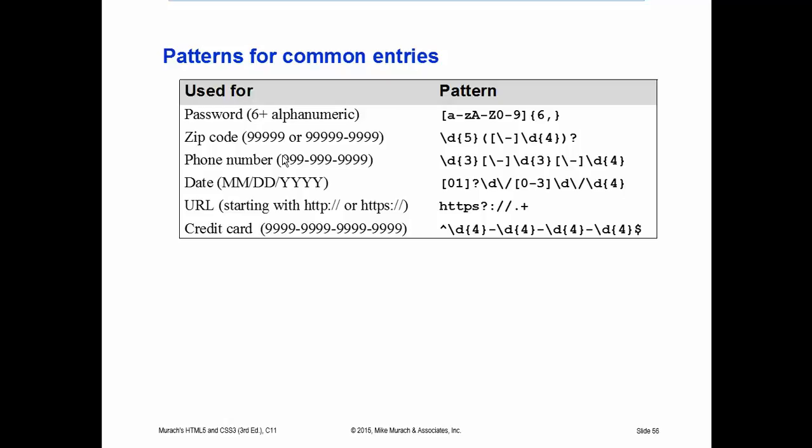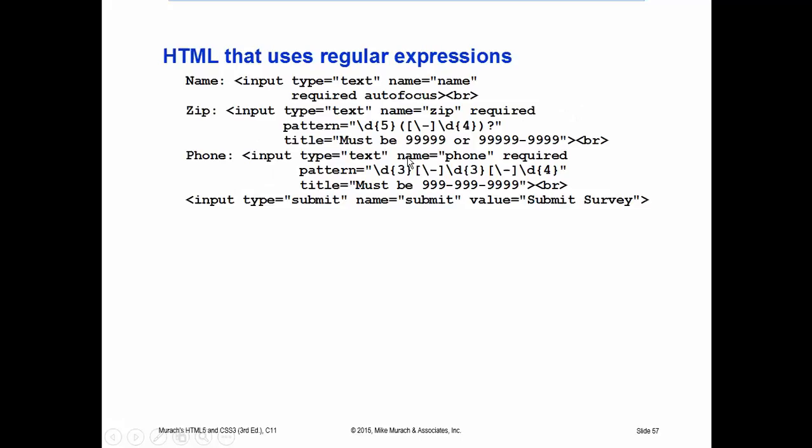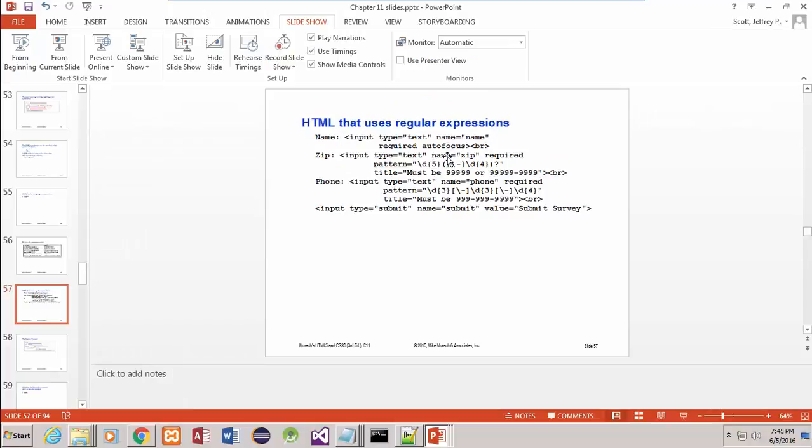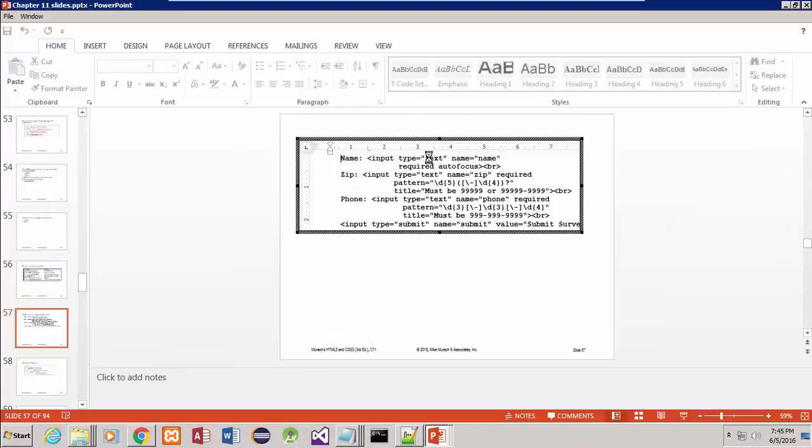So I can put that in. And notice that pattern. That says I can have 5 numbers, or I can optionally have 5 numbers with 4 after it. So I'm going to grab this pattern, because probably I'd do it wrong, to be honest with you. So I'm going to grab their pattern that they have in here for the zip code.